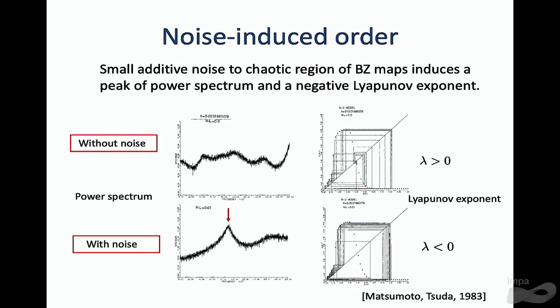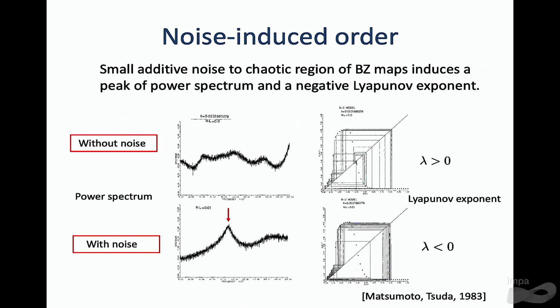This is a chemical reaction map. And without noise, it's chaotic, right? Lambda, top exponent, Lyapunov exponent positive. And with noise, Lyapunov exponent becomes negative, and the power spectrum shows a peak. So with noise, we have a peak. And this peak is also non-trivial.